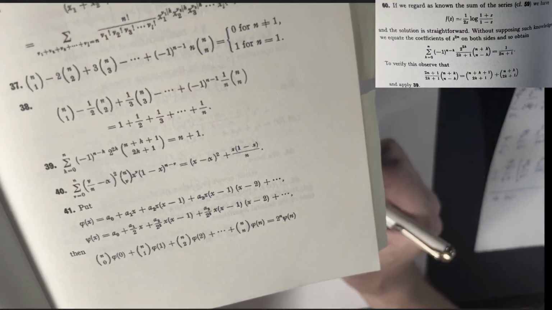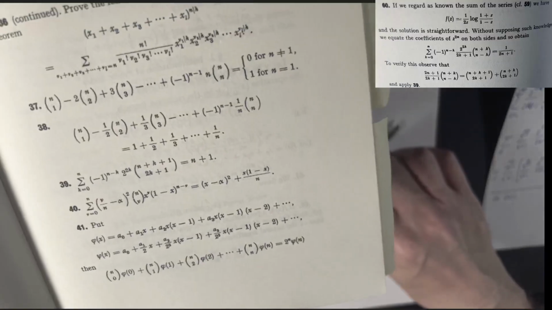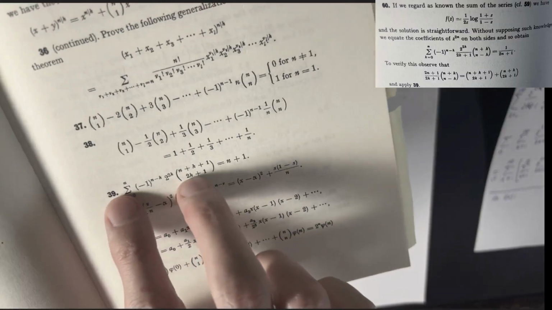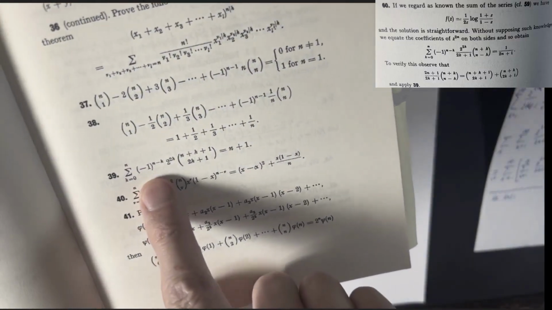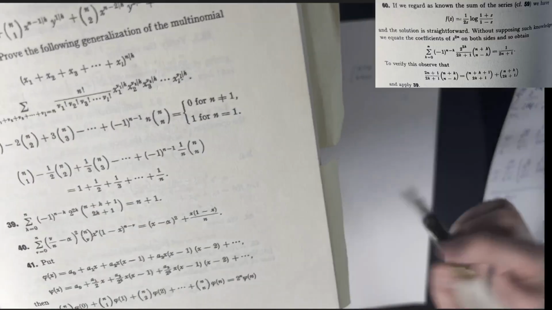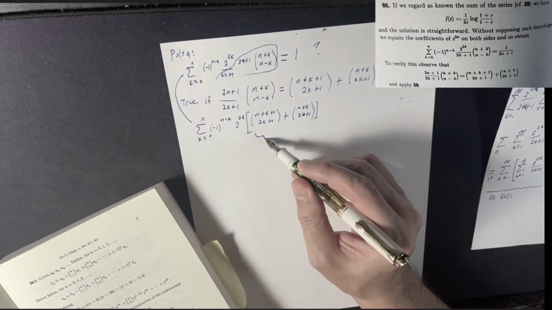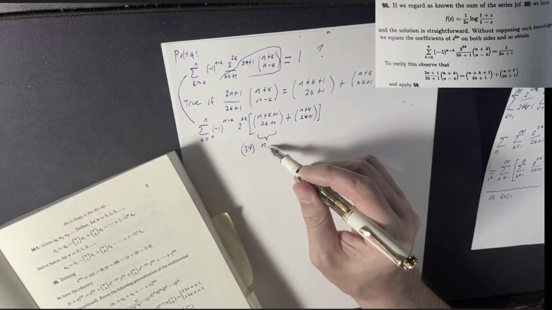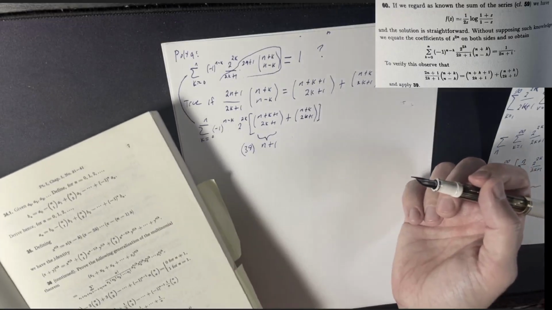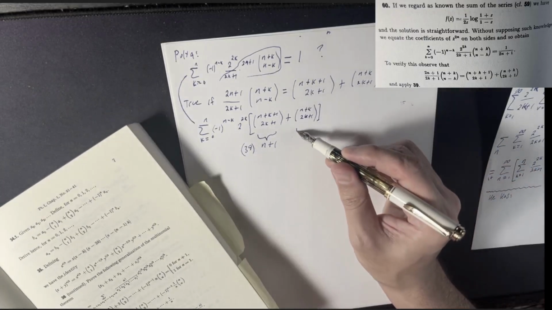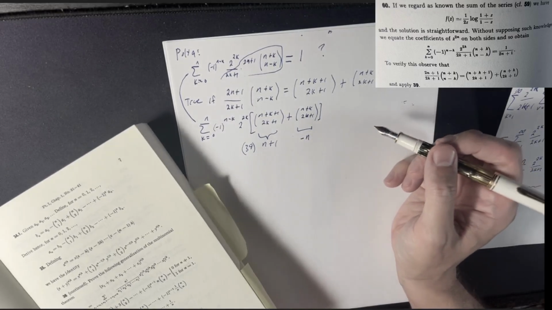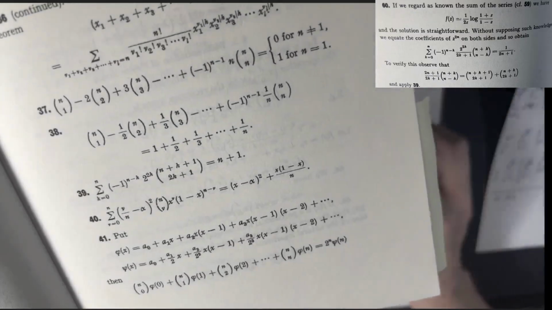And then if you had plugged in n minus 1 instead, if you replace all the n's with n minus 1, you just get a negative sign from right there. So this part from 39 is n plus 1, and this part is going to be the negative of n. We should probably write that out, but it's true.